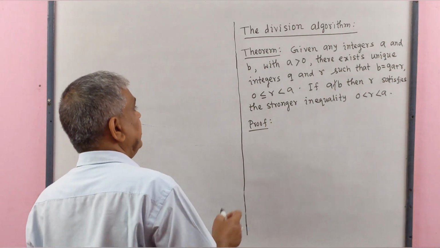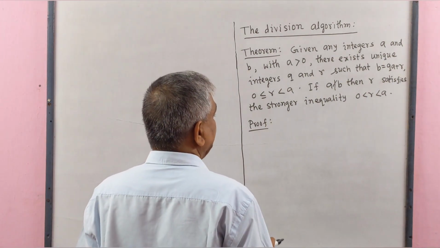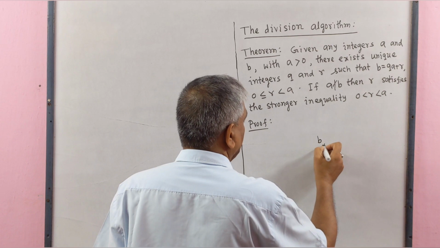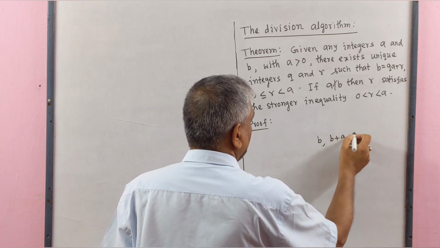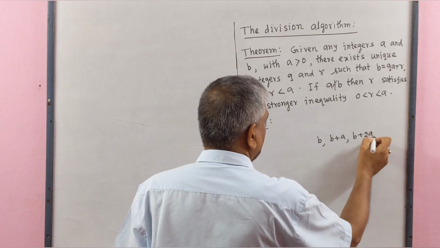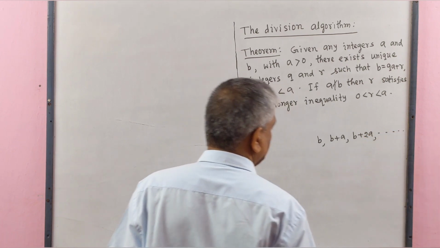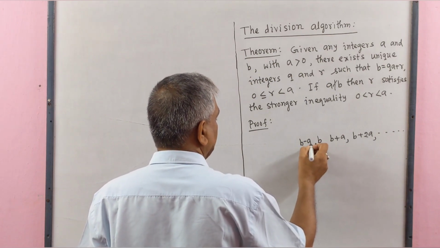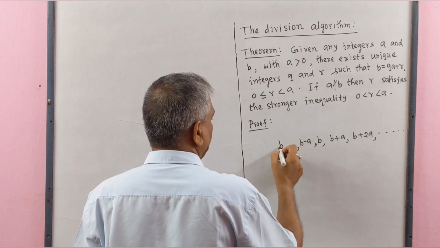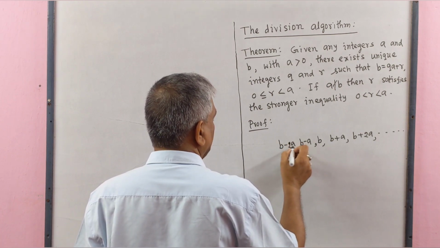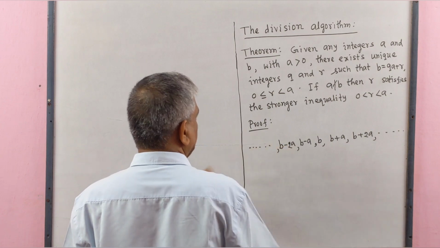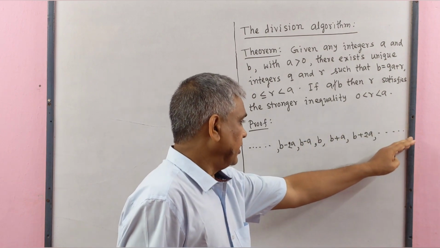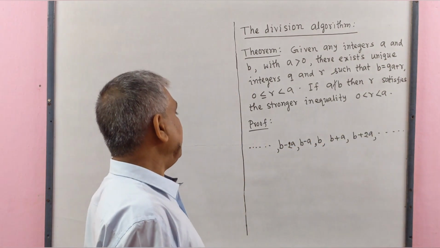Now let us consider an arithmetic progression: B, B plus A, B plus 2A, B plus 3A, and so on to the right side, and on the left side B minus A, B minus 2A, and so on, extended indefinitely on the right side as well as the left side.